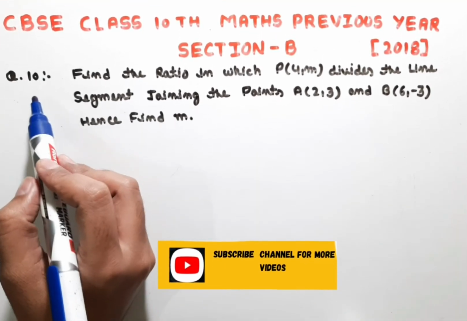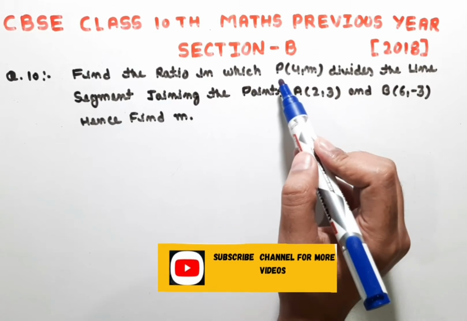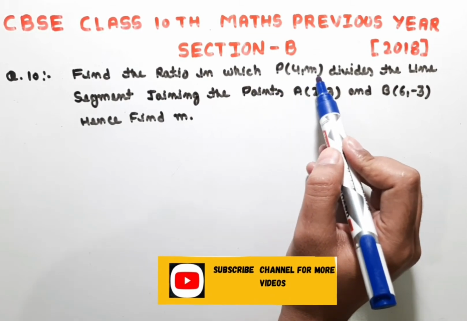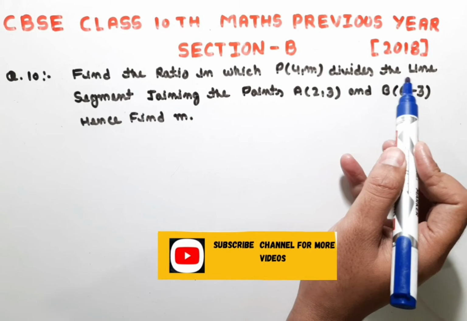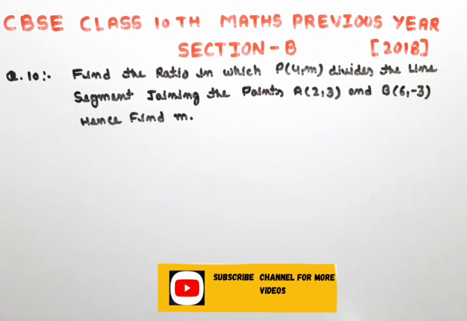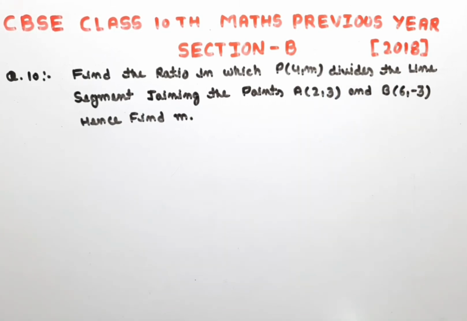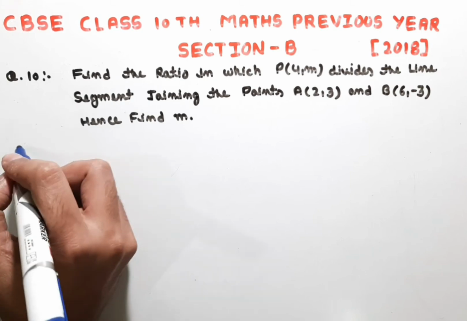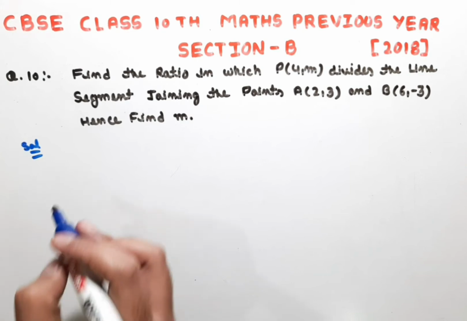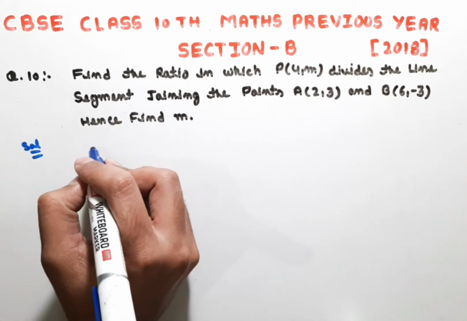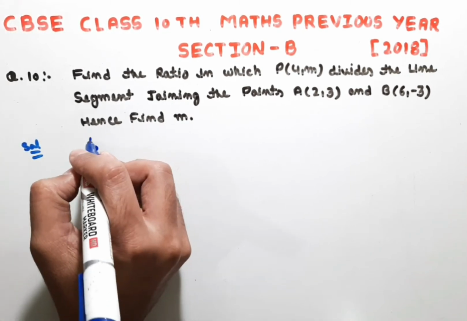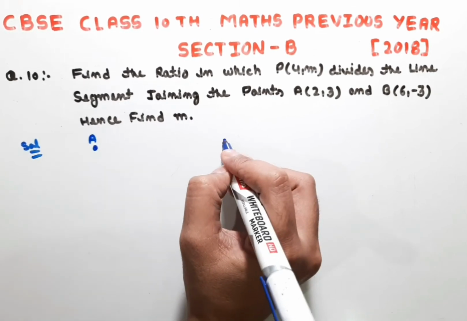Question number 10. Find the ratio in which point P(4, m) divides the line segment joining the points A(2, 3) and B(6, minus 3). Hence find m. In this problem, there is a line segment AB.